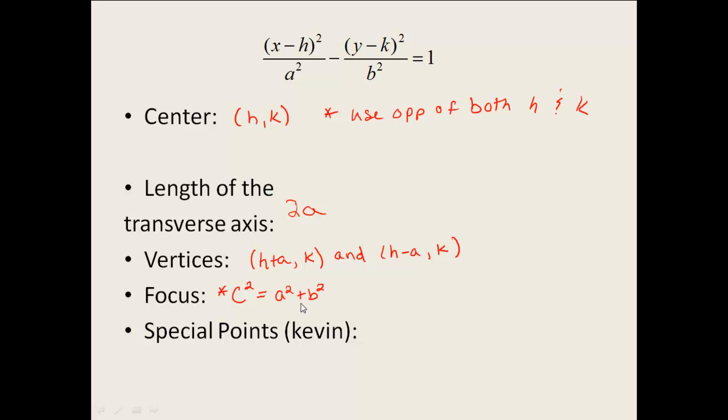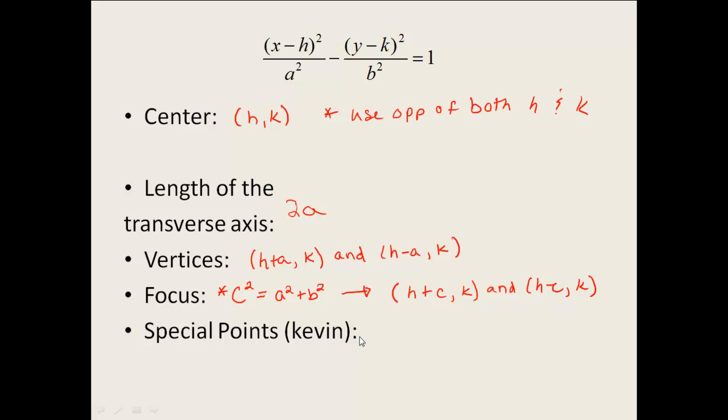So this one is slightly different than what we had for the ellipse, because with an ellipse we had a minus sign, but with the hyperbolas we have a plus sign. And then once you have that figured out, your focus comes by taking your x value and adding c. K stays the same, and then also taking that x value and subtracting c, and k stays the same, which you can see from the picture.